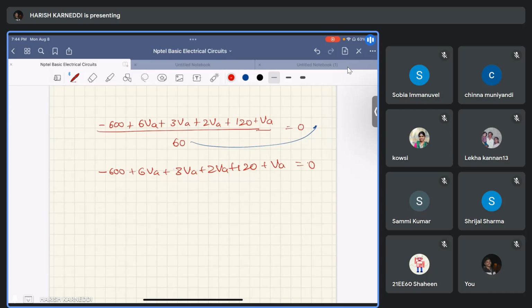Then minus 600 plus 120, we can send it to that side, which gives plus 600 minus 120.